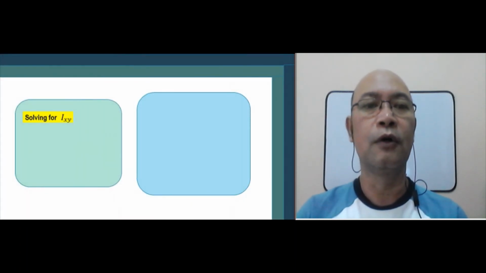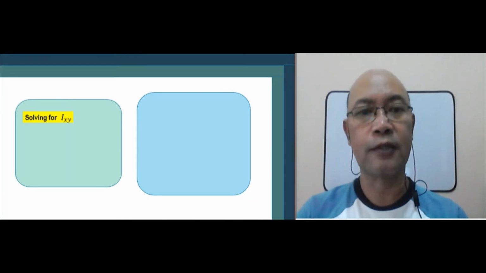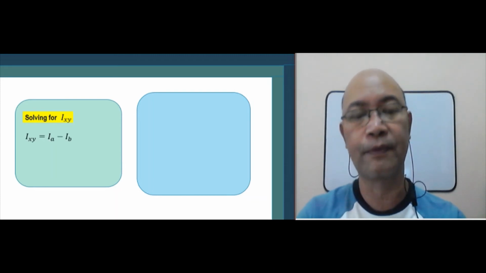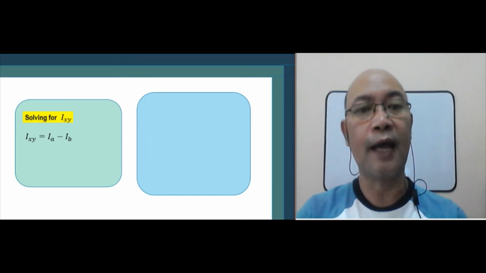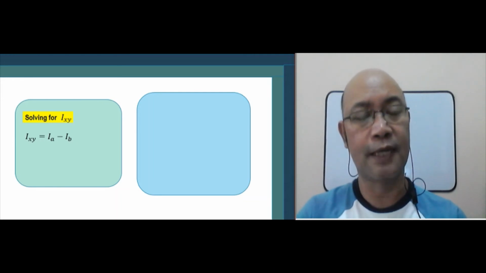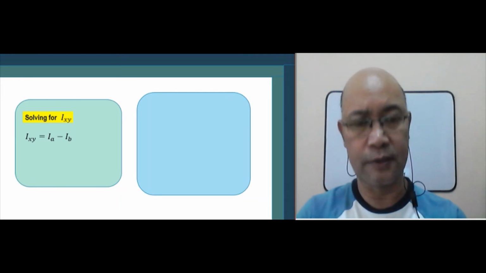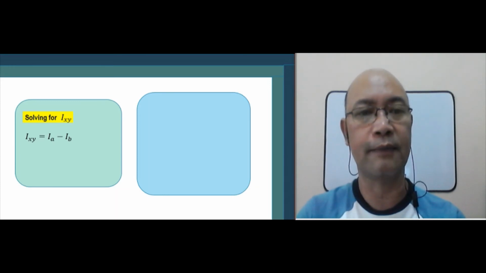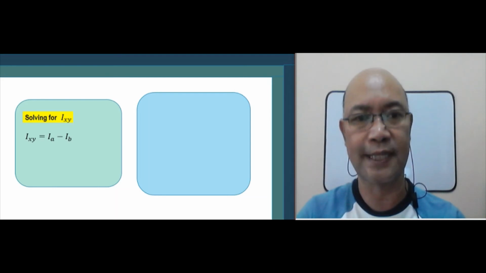Next, we are going to solve for the value of IXY. To do that, we have to make use of the relationship of IA and IB, that is either IA minus IB, or the other option, IB minus IA. However, if we do that, you notice that we'll come up with a negative answer. It's not a problem if we come up with a negative answer, because the only interpretation is that the current is in the wrong direction.